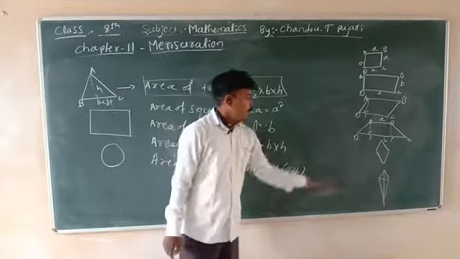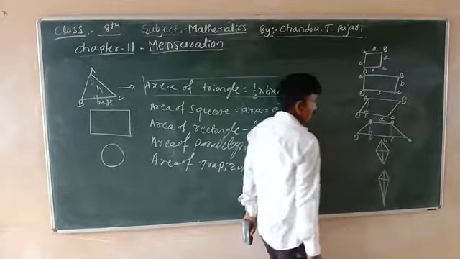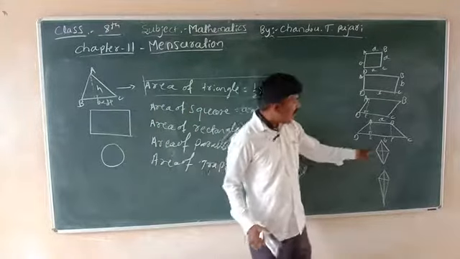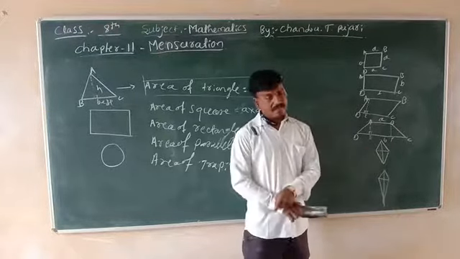And in the rhombus, the diagonals are perpendicular, and all sides are equal, but the angles are not 90 degrees.